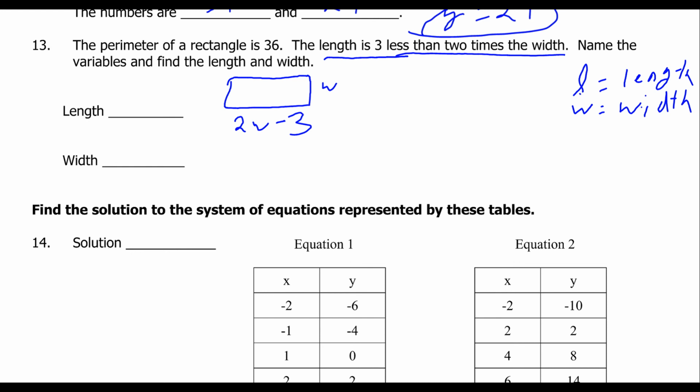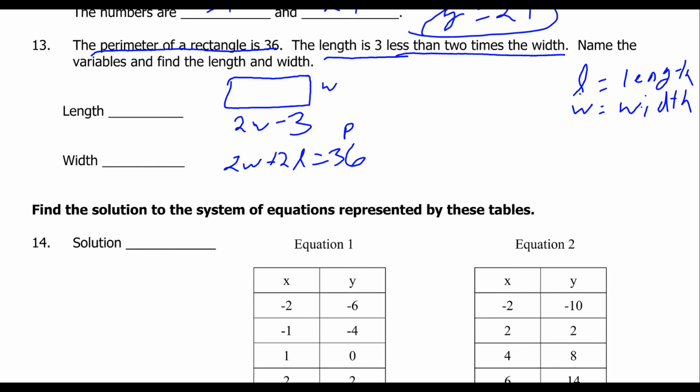I'm going to do the short addition, okay? So we're going to go 2W plus 2L equals the perimeter, which is 36. So we know that 36 is the perimeter. It says it right there. 2W plus 2L equals P. That's something that you should remember from elementary school. Please, I hope that you do.